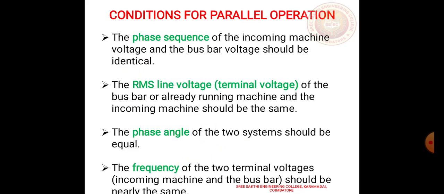For operating two alternators in parallel, there are 4 conditions that need to be met. The first one is phase sequence of the two machines should be same. Line voltage of the two machines should be same. Phase angle of the two machines should be same, as well as the frequency of two machines need to be same.